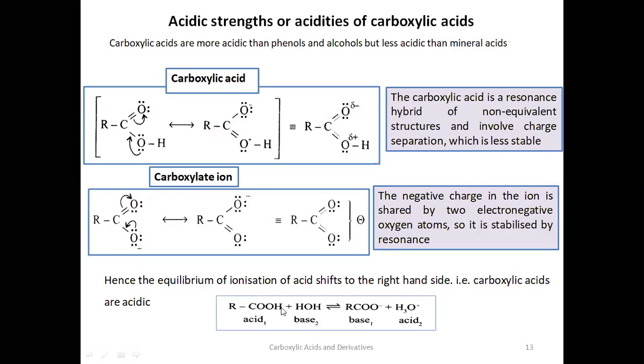When the stability of the base formed by the loss of this proton is more than that of this molecule, then the acidity will be more. The molecule will try to exist in this form by losing a proton. So if the stability is higher, then the acidity of this carboxylic acid will be high.